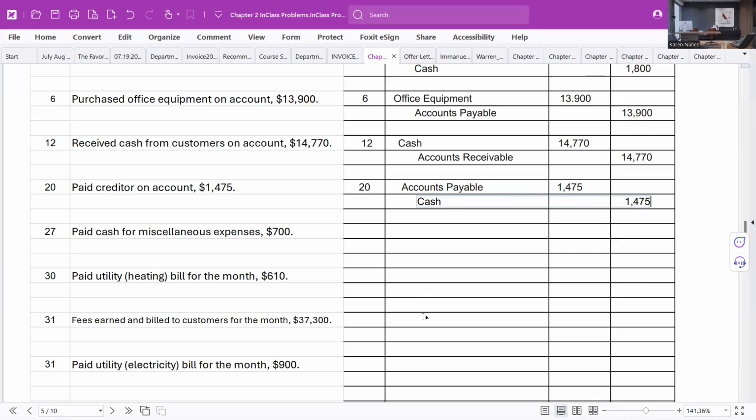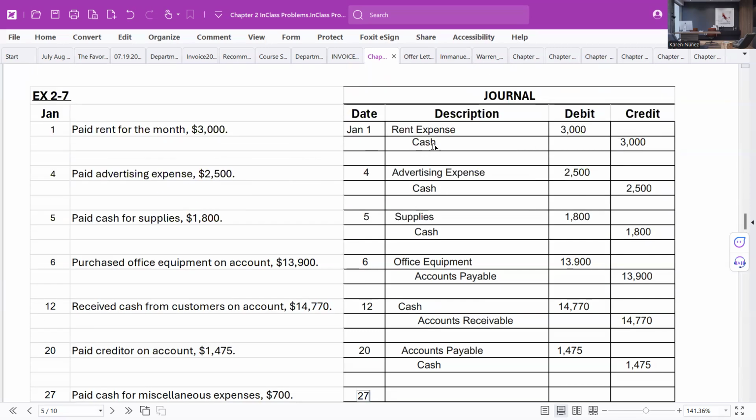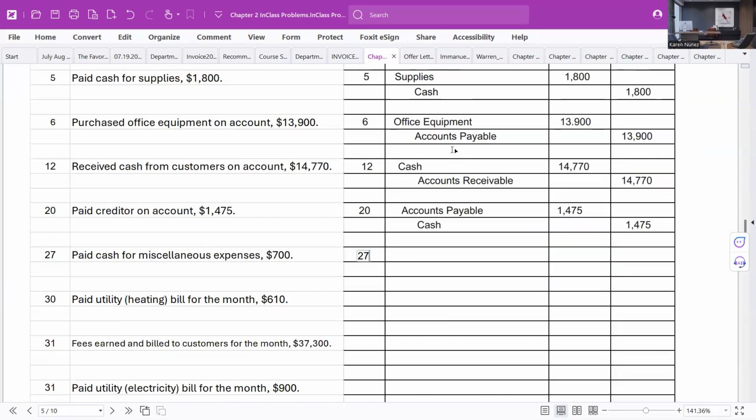And on the 27th, what's happening is another expense. Again, when we pay an expense in cash, well, they all look the same. We've done this before, right? The first couple of things we looked at, payment of expenses in cash, debit an expense, credit cash. Same thing here. If we're paying for miscellaneous expense, we've got to record that expense. Expenses decrease equity.